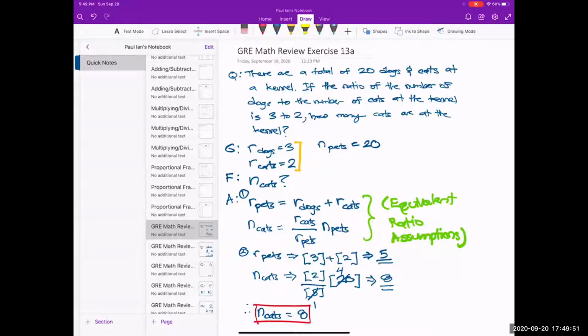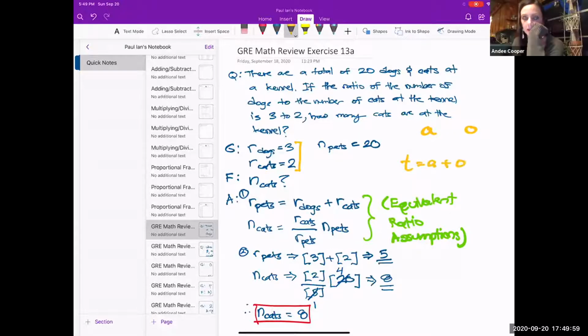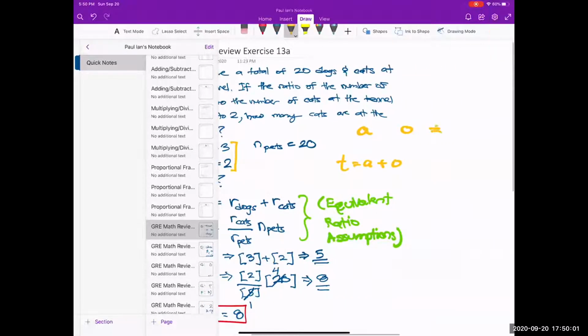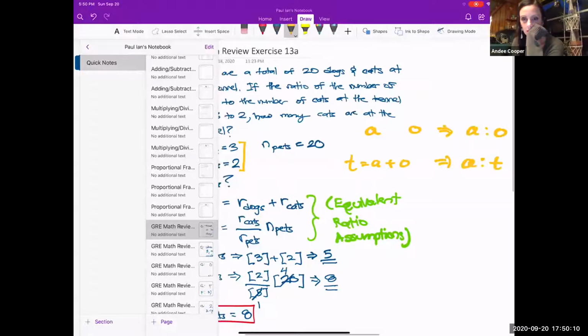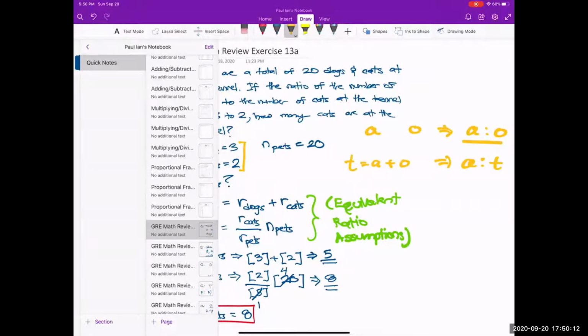For example, if there's fruits, you have an apple and an orange, and then the total would be apple and orange. There are two ways you could do this: a ratio between the different things, and then the ratio of that thing over the total, right? So they gave you the thing with the other thing.